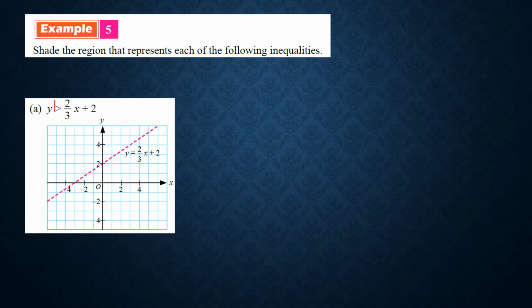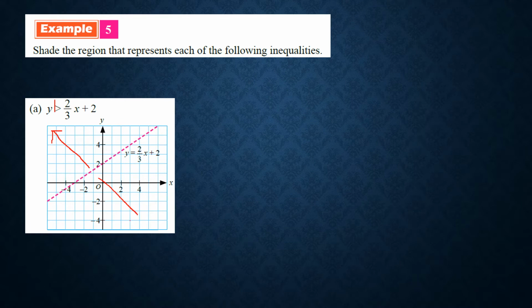So what you must do is identify which region represents this inequality. You can see this is greater, so we look from that line, either it goes up or you must go down.